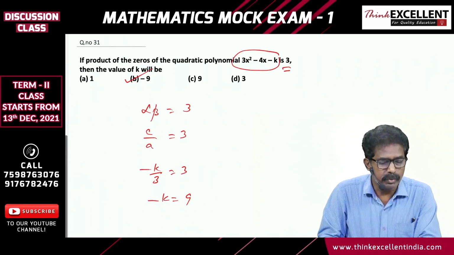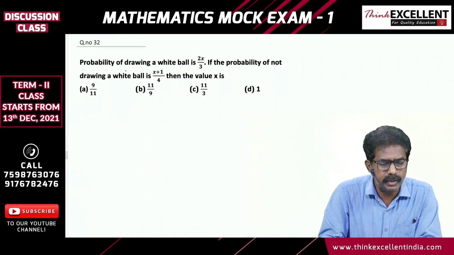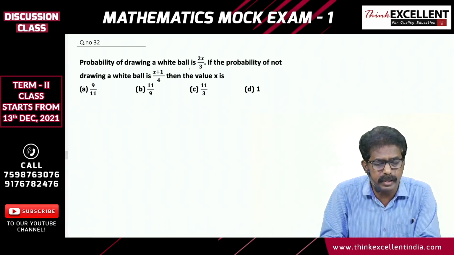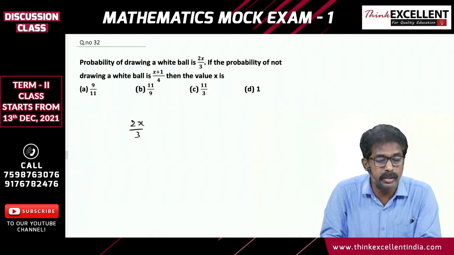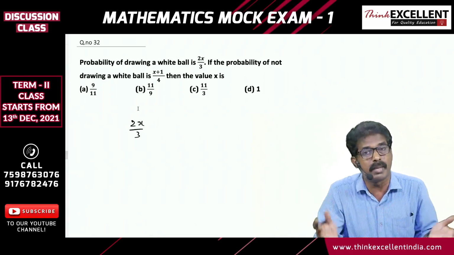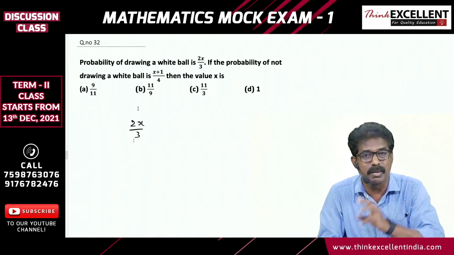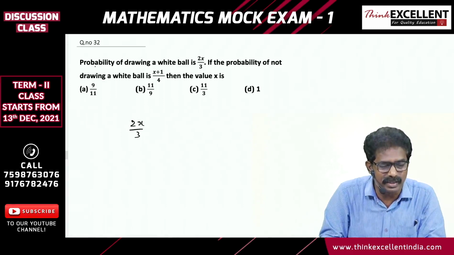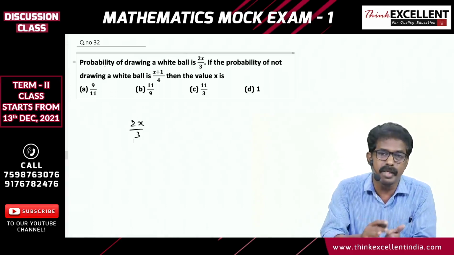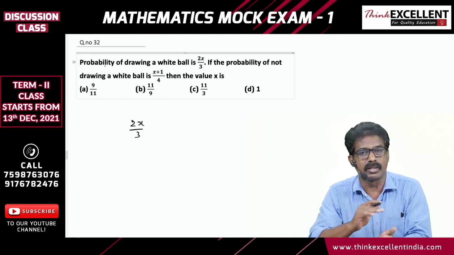Now see question number 32. Probability of drawing a white ball is 2x by 3. Probability of not drawing a white ball is just the complement, not like prime and composite, right? Its complementary one is not a white ball.